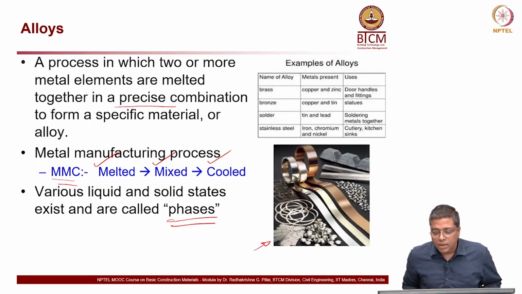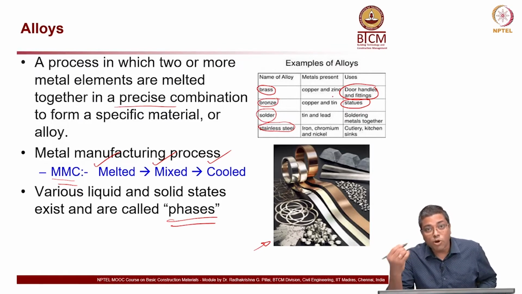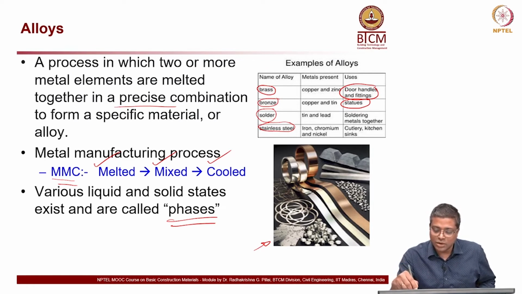Now, here is an example of some major alloys which we use: brass, bronze, solder material, stainless steel, etc. So, copper and zinc where they are used, and then copper and tin where they are used. I will leave it to you to find out the reason, or what are those properties which we are targeting, so you can do some homework in that line.